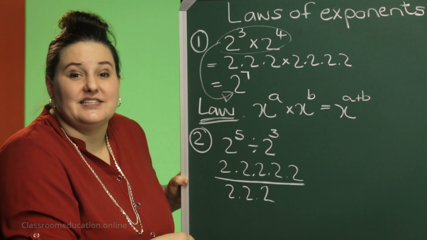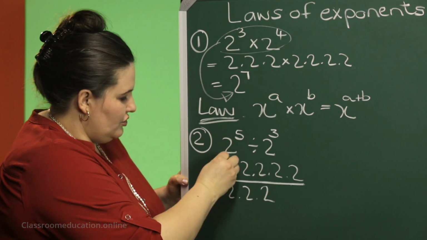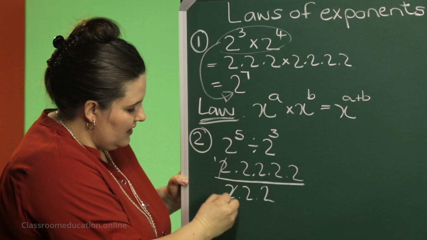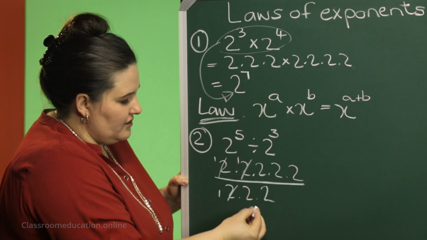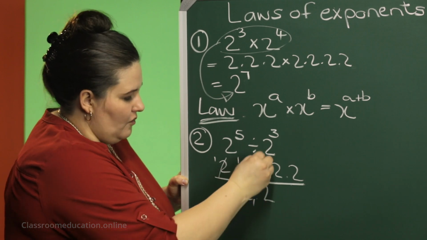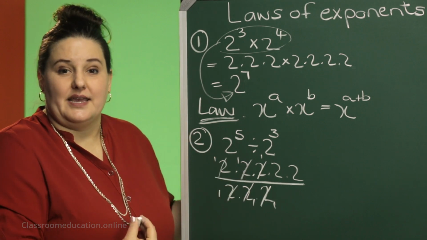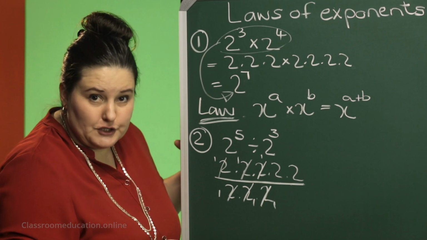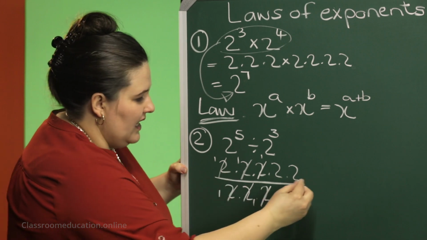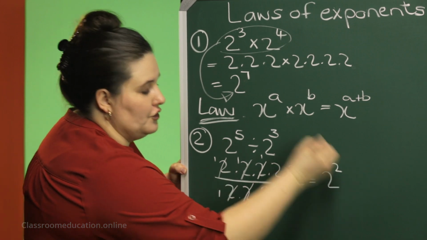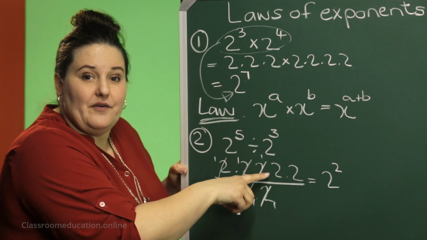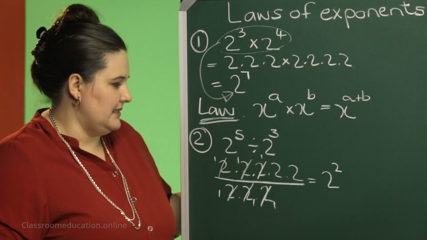Okay, and now we can start cancelling out. So 2 can go into itself once, and once, and once. Okay, we've cancelled out. So what's remaining? 2 to the power of 2, because there are 2 2's. And because it's in the numerator, it stays in the numerator.